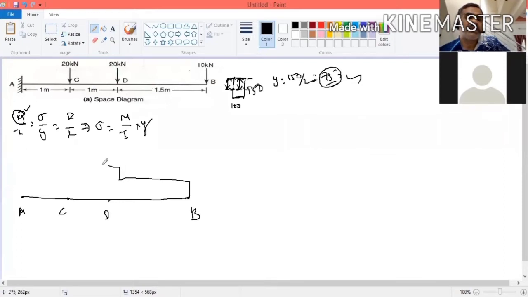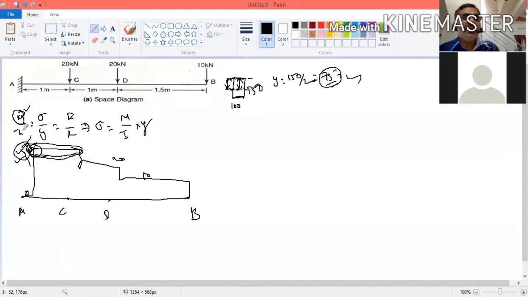From the diagram you can find which point is subjected to the maximum bending moment. Say this is 10, this is 20, and this is 50. So you can understand that the maximum bending moment is 50, and we can take this for calculation purposes.